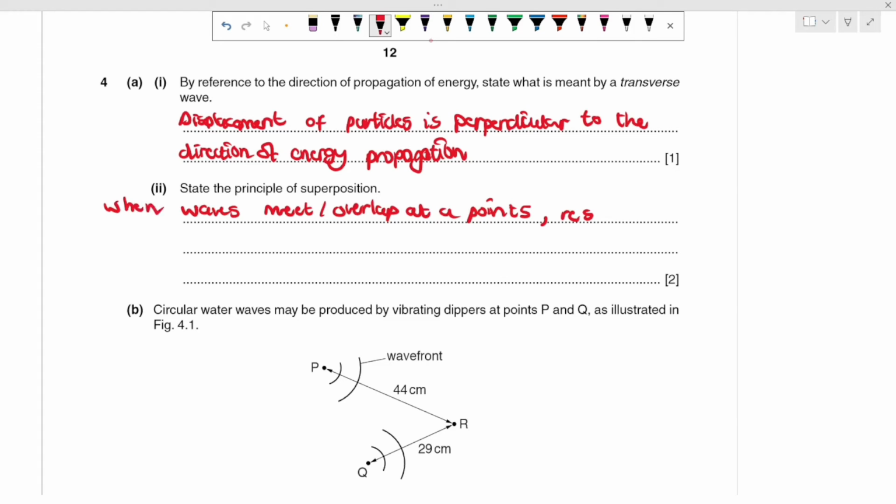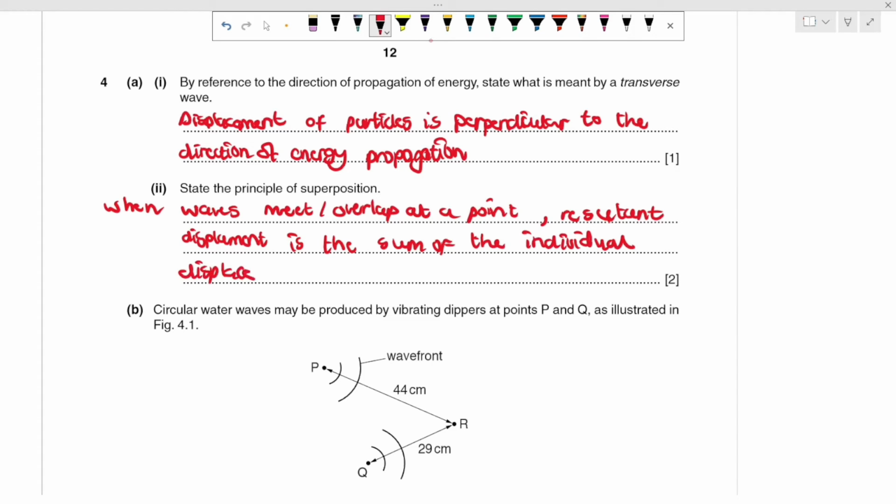When two or more waves, so basically when waves meet at a point, the resultant displacement is the sum of the individual displacements.